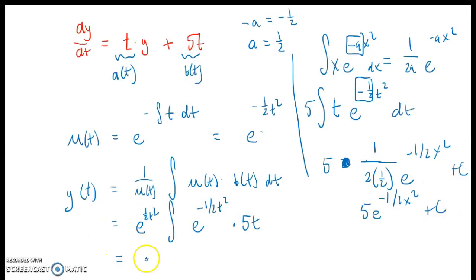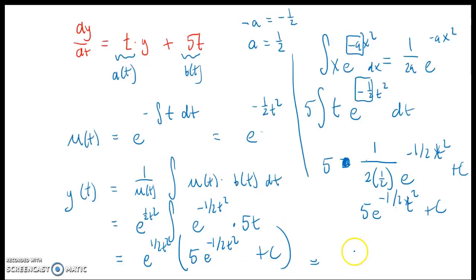Now I can fill this in. I have e to the 1/2 t squared times 5e to the negative 1/2 t squared, with a t there and a t there, plus c. When I distribute that in, e to the 1/2 t squared and e to the negative 1/2 t squared cancel out, which leaves me with 5.